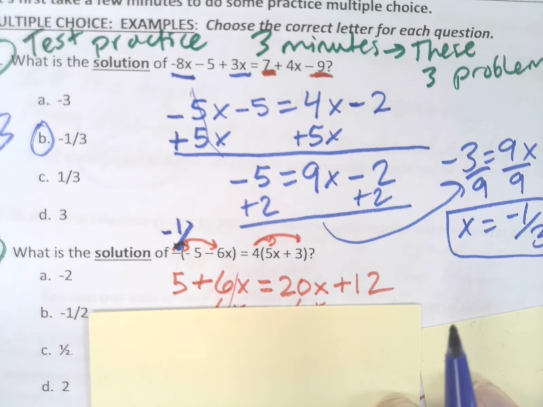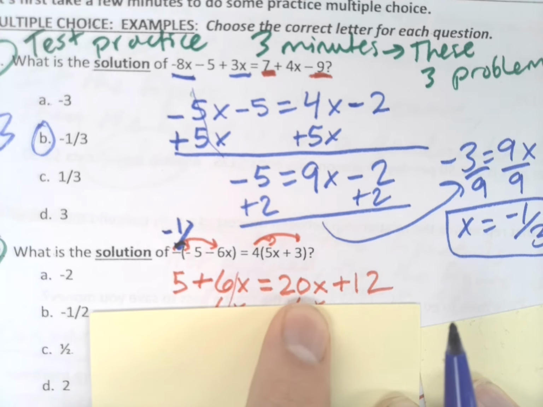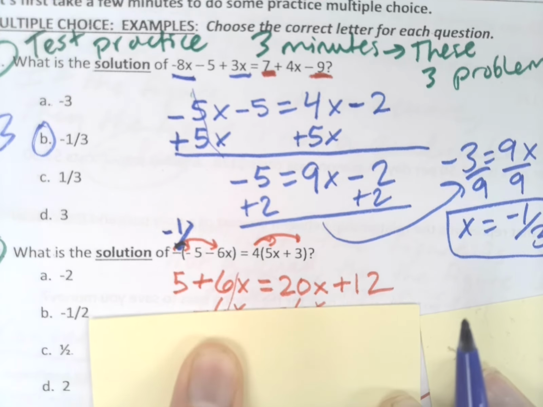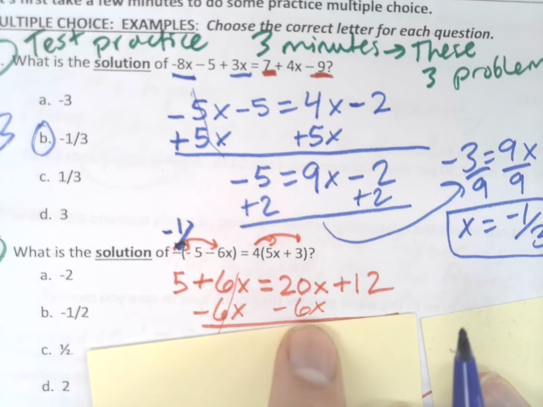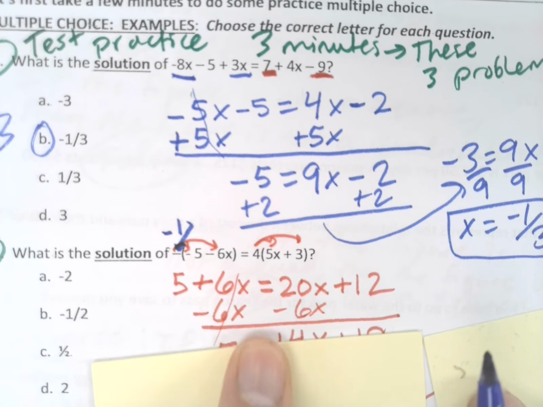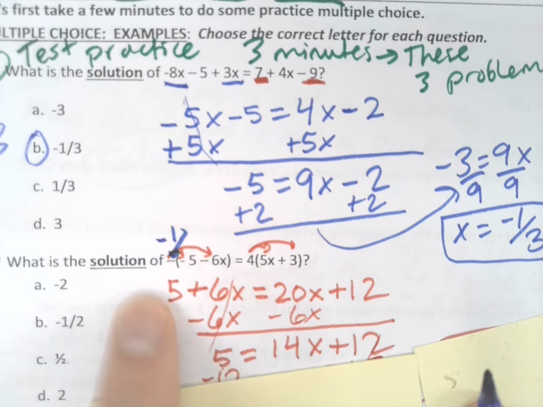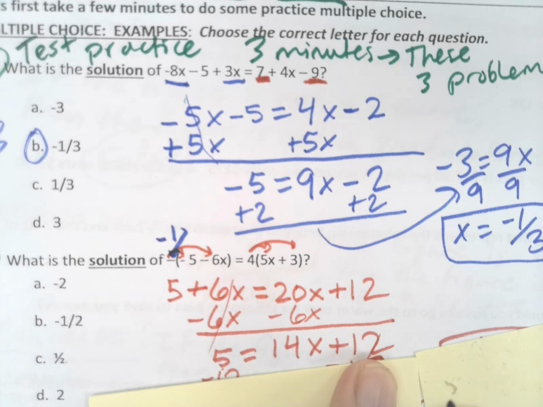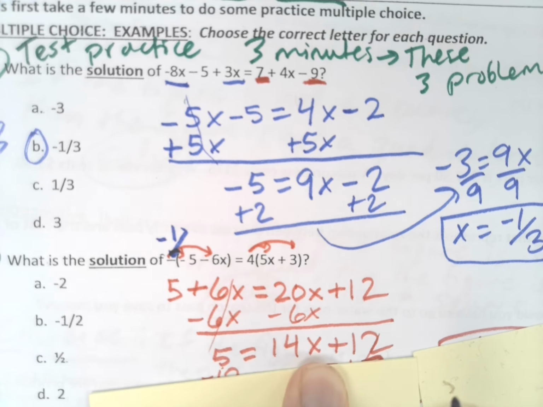Then I want to combine my variables together. I'm going to move this 6x over, since if I subtracted 20x over, I'd get a negative. So let's take 6x, subtract it to both sides. So 20 minus 6x gives you 5 equals 14x plus 12. If our variable's on the right side, we need to get everything away from it.